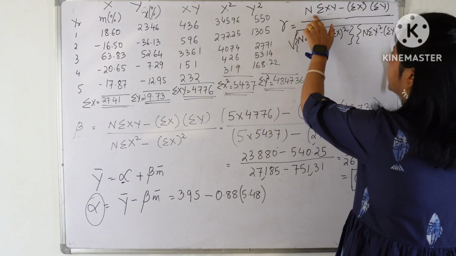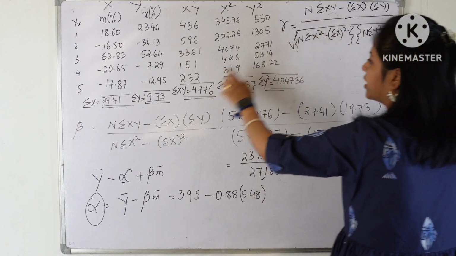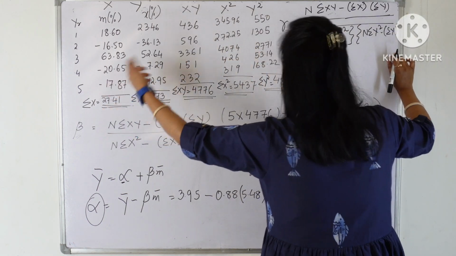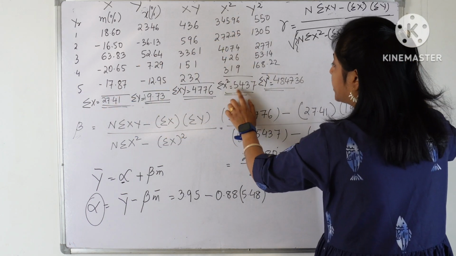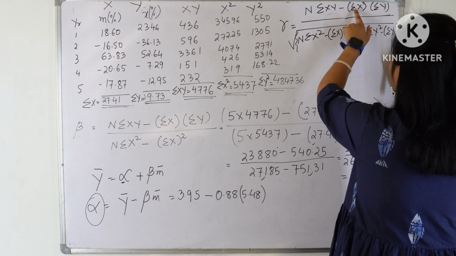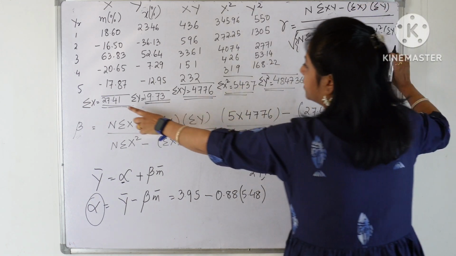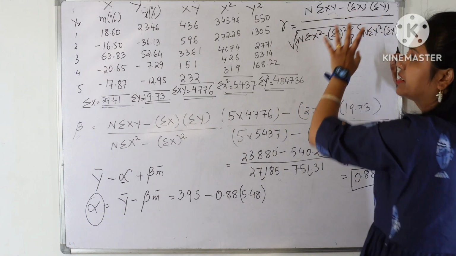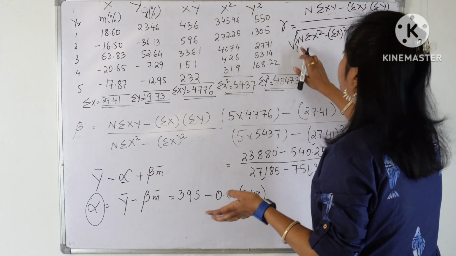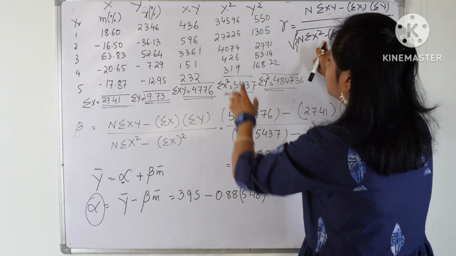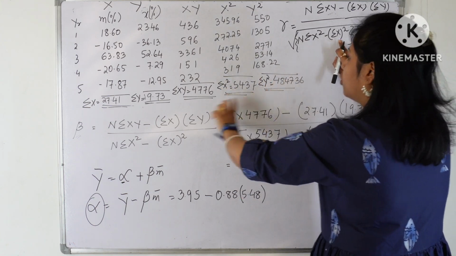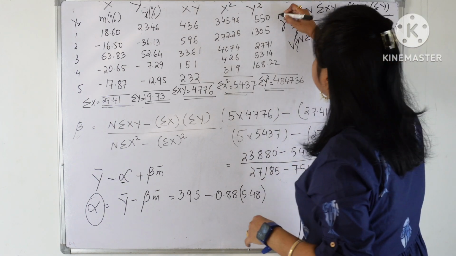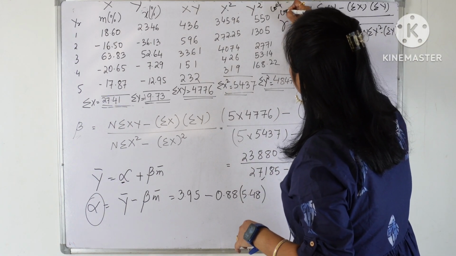N is 5, sigma xy is here, sigma x is this, sigma y is this. What I am calling sigma is actually summation. N into sigma x square is also there. Sigma x whole square, I will square it. So everything is in front of me, so we can calculate this. This is called the coefficient of correlation.